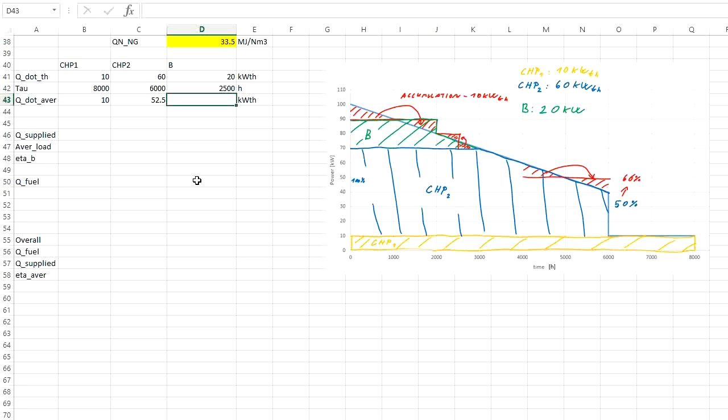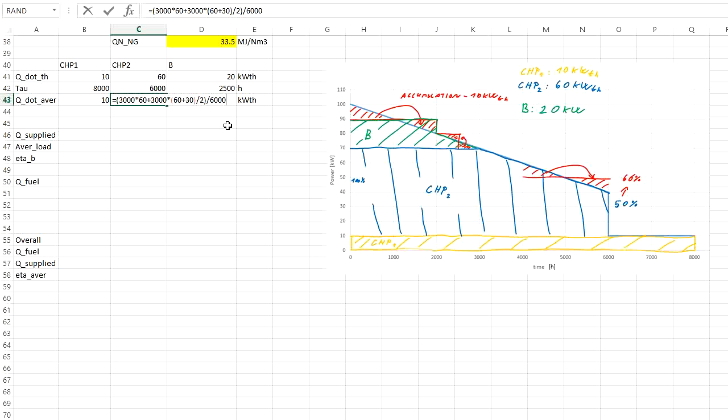And lastly, the boiler, it is running for 2000 hours at the full load, 20 kilowatts, plus 500 hours at the half load, so 20 divided by 2, and the total operating time 2500 hours.